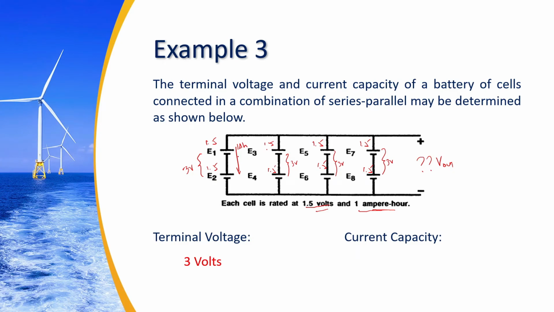Kaya lang, since they are in parallel, meron ka ding 1 ampere hour, 1 ampere hour, 1 ampere hour sa bawat pair ng cells mo. So, since they are in parallel connection, pag-aadd mo lahat ng current capacity. Therefore, since meron kang apat na combinations, meron kang current capacity na 4 ampere hours. Okay? So, ganyan kung paano natin i-solve o makuha yung terminal voltage at current capacity ng isang battery.